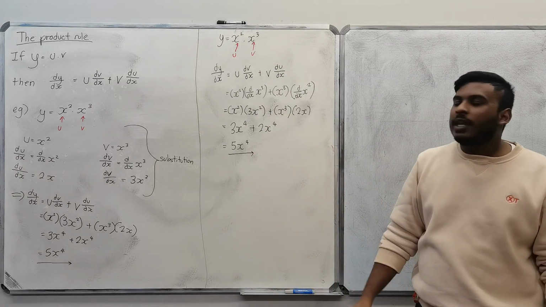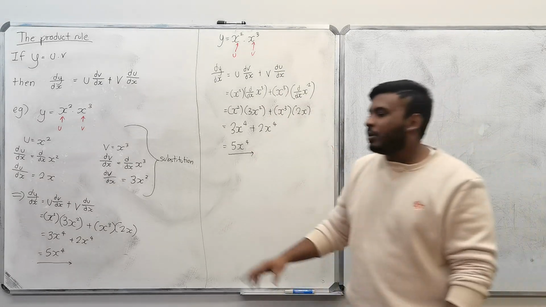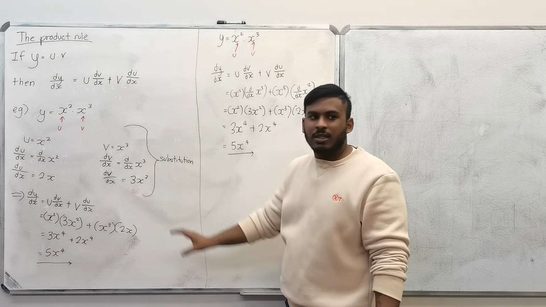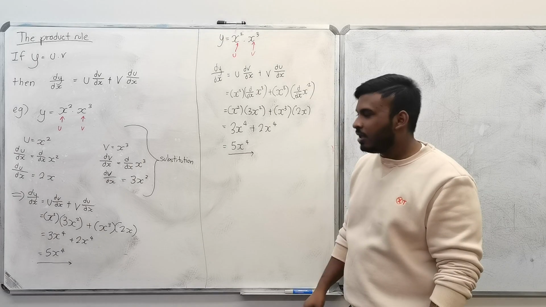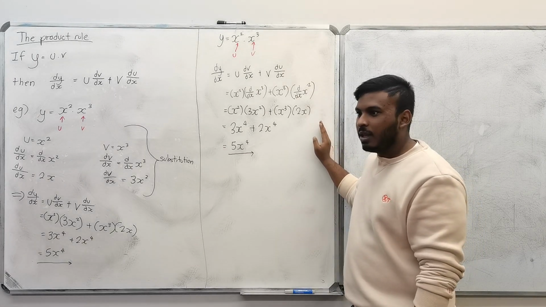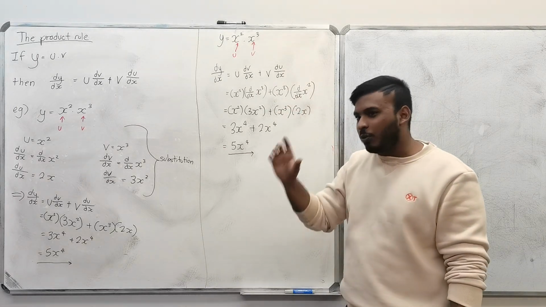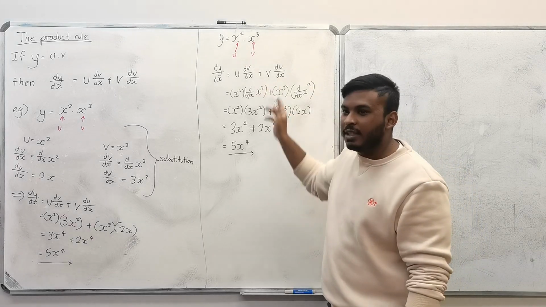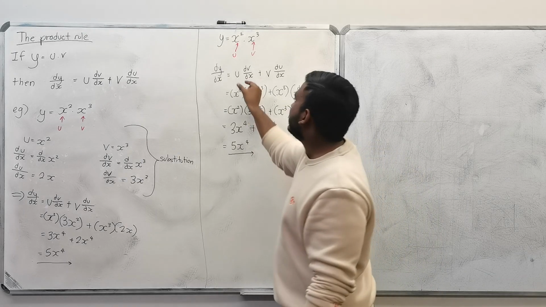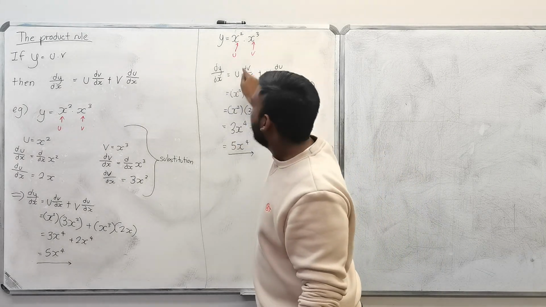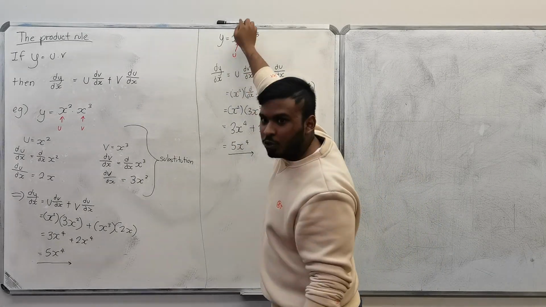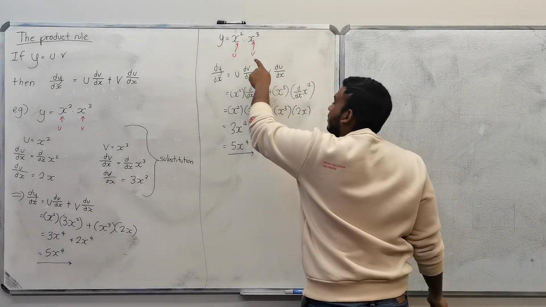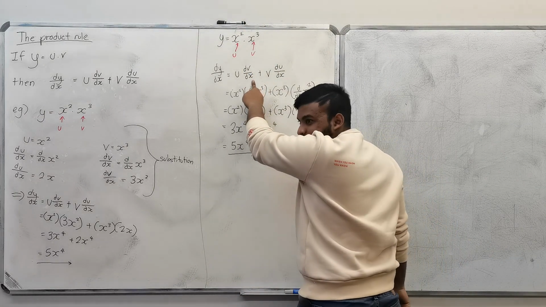This one is shorter. The other is a bit longer, but because you're still learning how to do it, use it like that. When you're comfortable, do it like this. The only thing that could possibly mess you up here is not understanding the concept of what these things mean. This is equation u, times the derivative of equation v with respect to x.